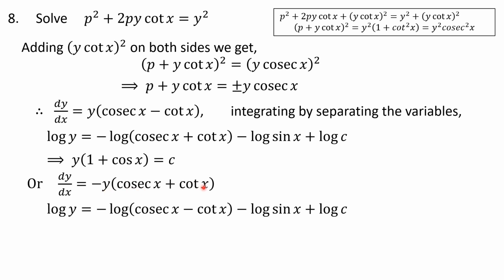So minus cosec x, the minus sign is already outside, so that's why I write the integral of cosec x as log of (cosec x minus cot x), and minus cot x, integral of cot x is log sin x. Here we would have taken minus of log (cosec x plus cot x), but since the minus is already there, for the integral of cosec x I write log of (cosec x minus cot x), so that the simplification becomes easy.